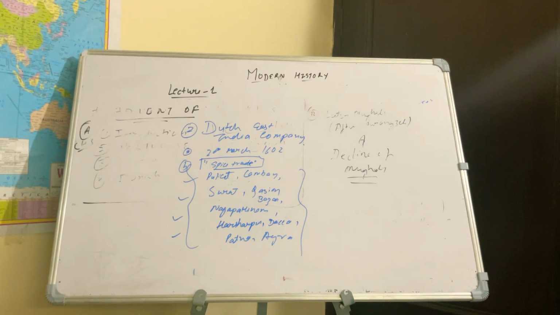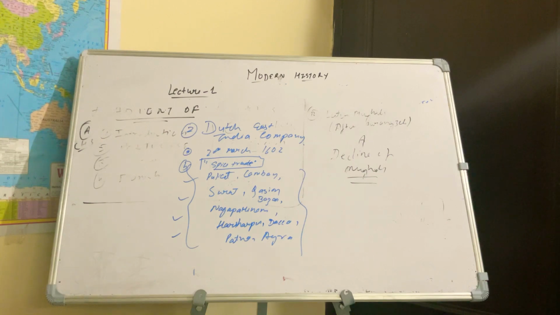Third point in Dutch: they had to face stiff competition with English, French and Portuguese. And fourth point, they also had monopoly of trade with Indonesia, which is considered the major reason why they left India.